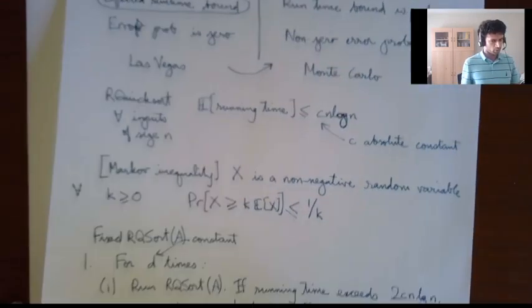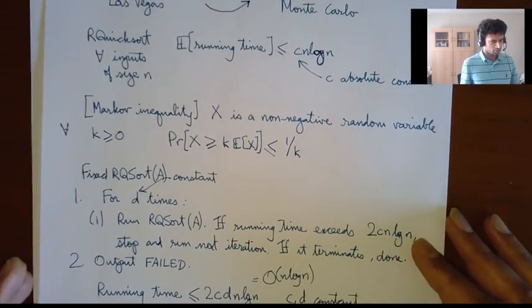I actually had a question, if you don't mind. Yes. What does this tell us about randomized quicksort going over n log n time? Maybe I don't understand your question.